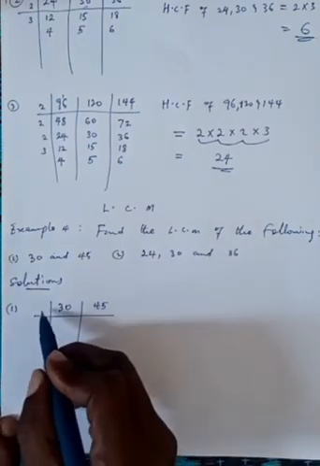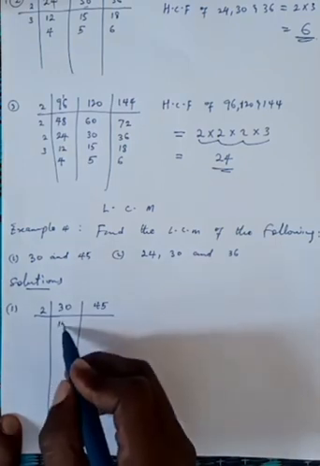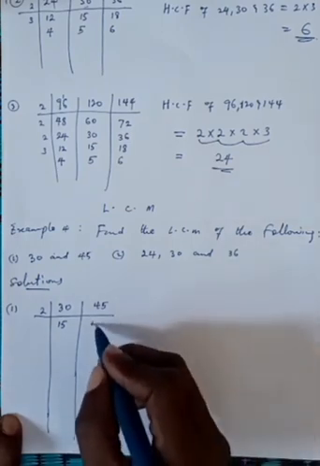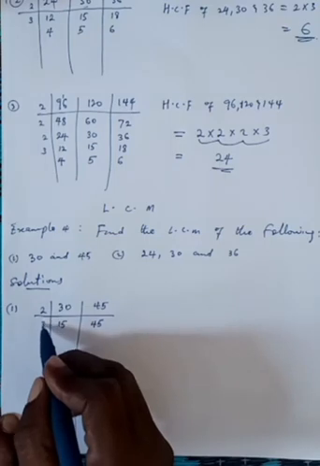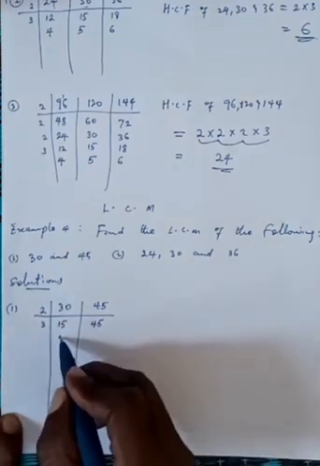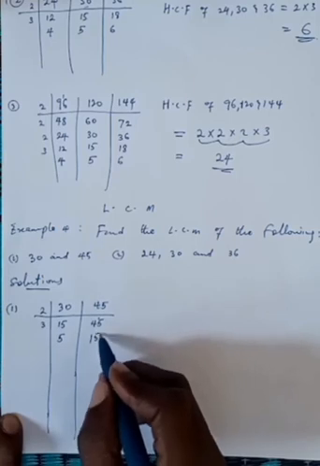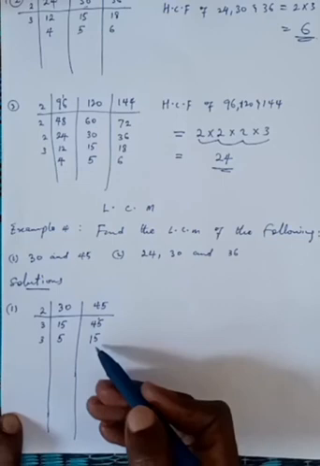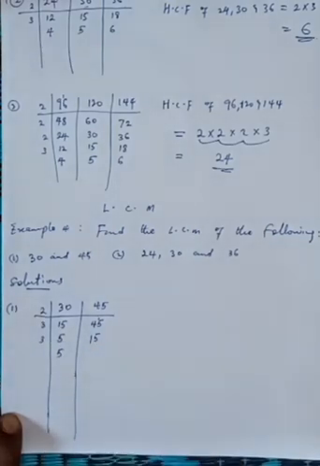So let's start with the lowest number that can divide this, that is 2. 2 in 30 gives 15. 2 can't divide 45, we know it's going to leave a remainder, so we'll leave 45 as 45. Now the next number we can use is 3. 3 in 15 gives 5. 3 in 45 gives 15. 3 can divide 15 but not 5, so we write 5 as 5.